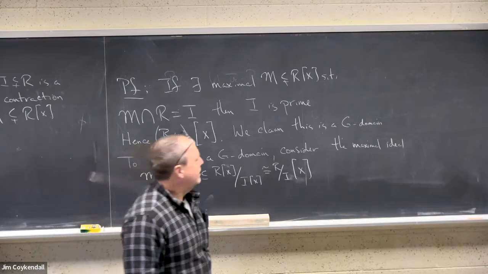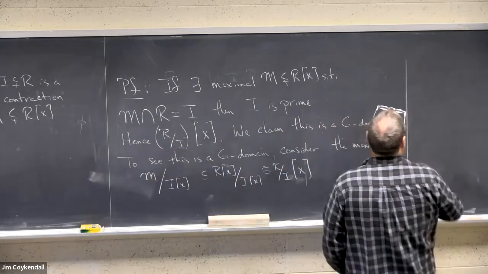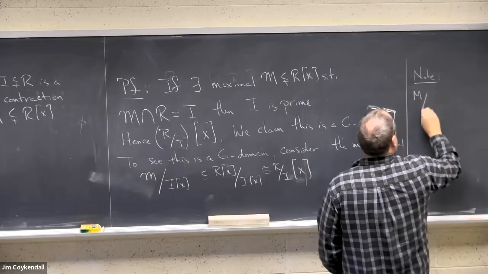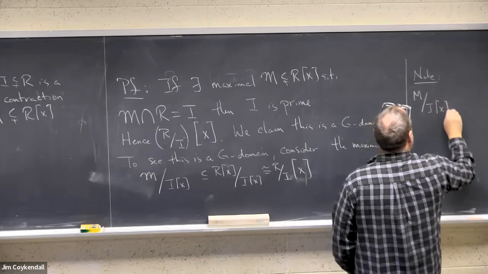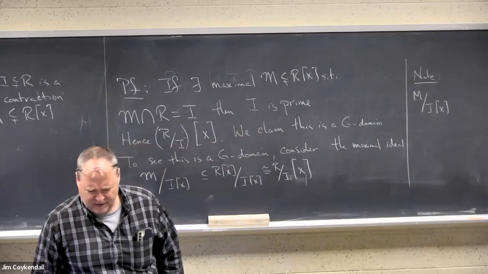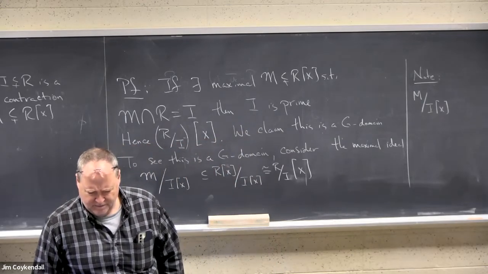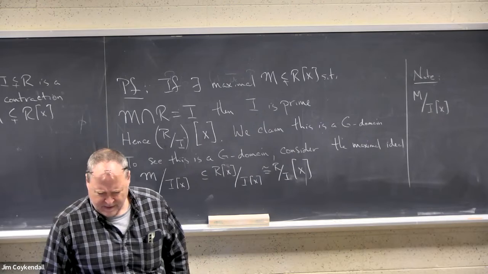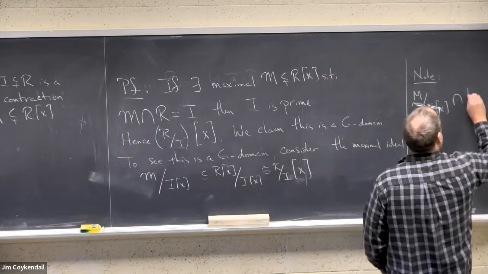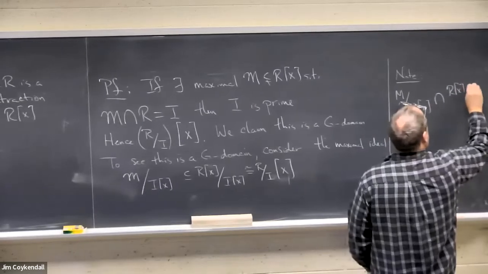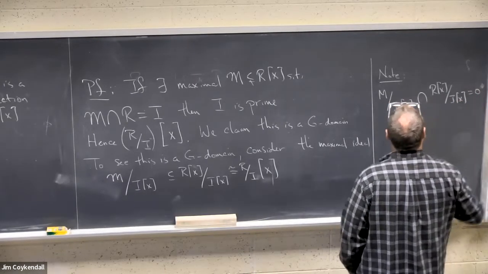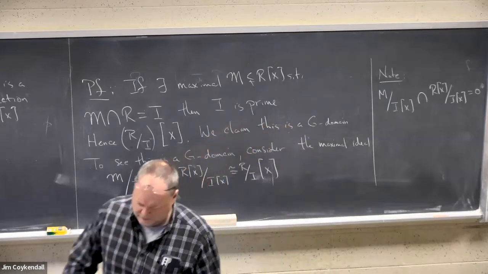And note that if you look at M mod I[x] intersect, this is equal to 0.